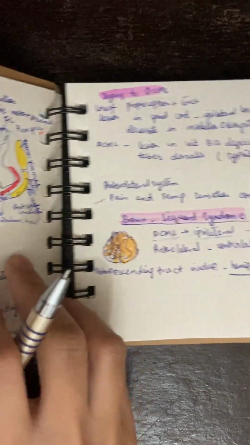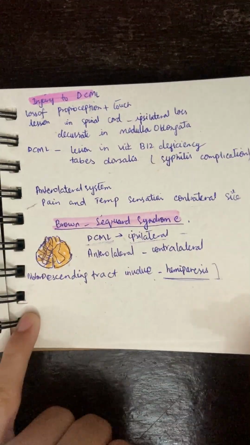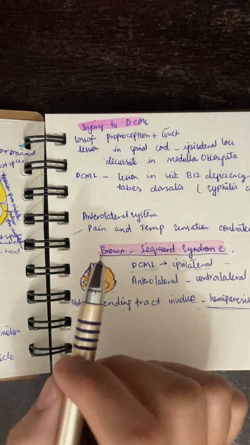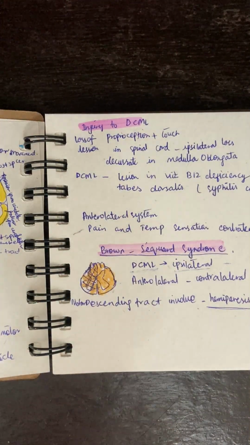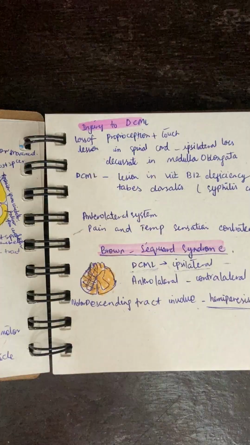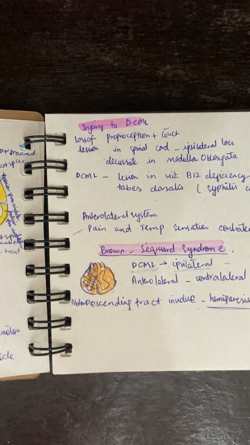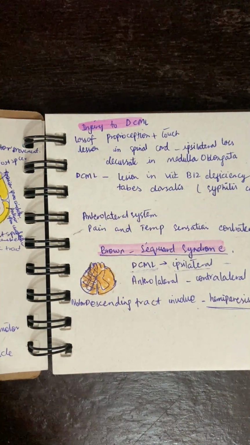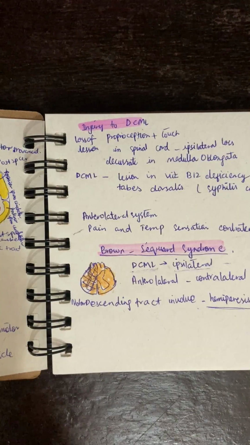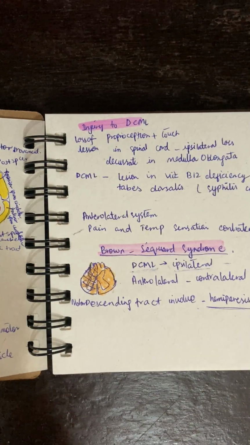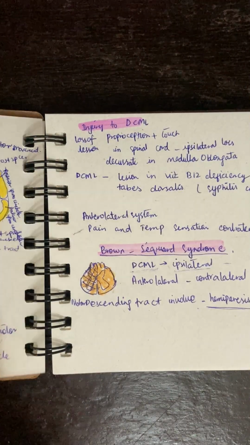So now we will discuss the injuries of the dorsal column medial lemniscal pathway. There is loss of the sensation which is carried through that pathway. So if the dorsal column medial lemniscal pathway is injured, then there is loss of fine touch, tactile sensations, vibrations, and proprioception.